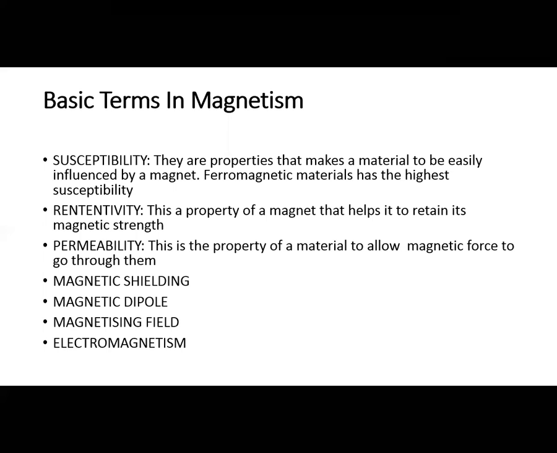For example, if this is my magnet and you bring a metallic substance and keep on rubbing it, you see that the magnetism will be induced in this metallic substance. That's what we call magnetic induction: introducing the properties of a magnet into a metallic substance or a potential magnetic material. An example is iron. To improve upon their magnetism, you have to induce magnetism into them.